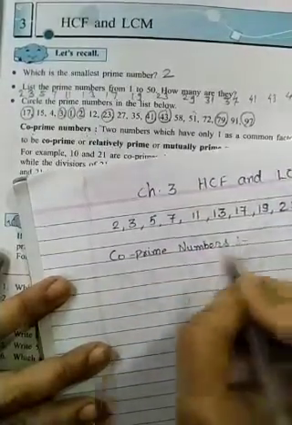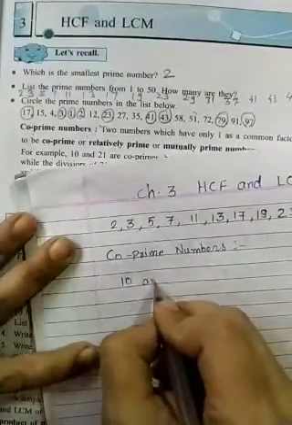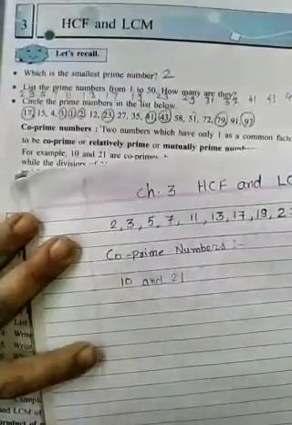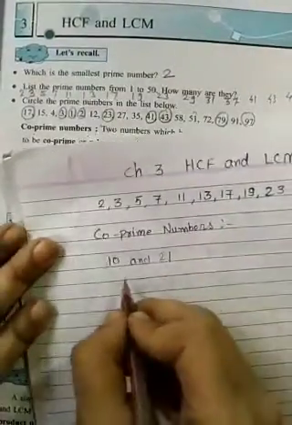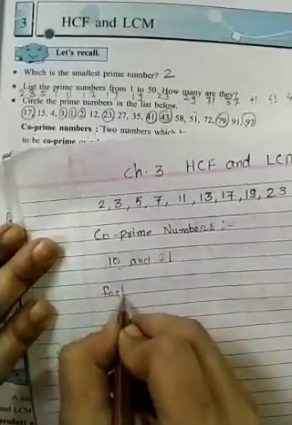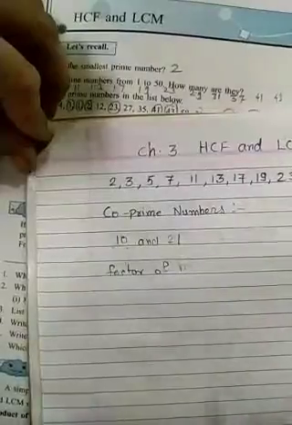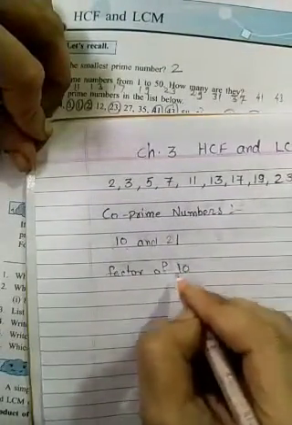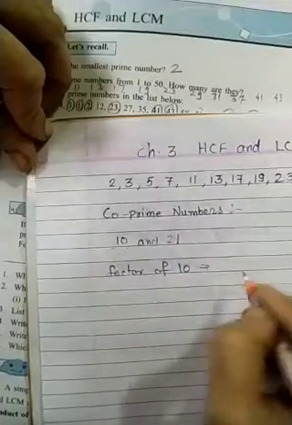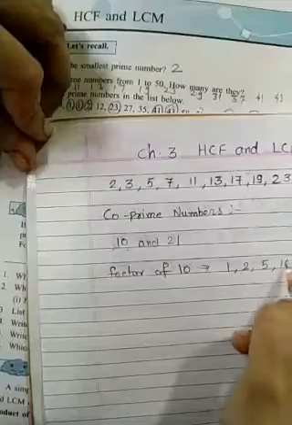Suppose we take 10 and 21. What are the factors of 10? The factors of 10 are 1, 2, 5 and 10.